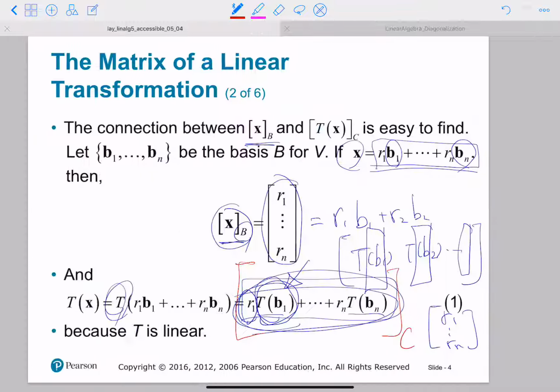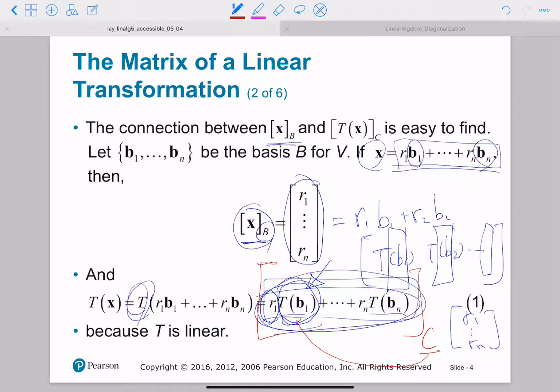And this coordinate operation is actually also a linear transformation. Even though we don't prove it, you should be able to easily prove that.